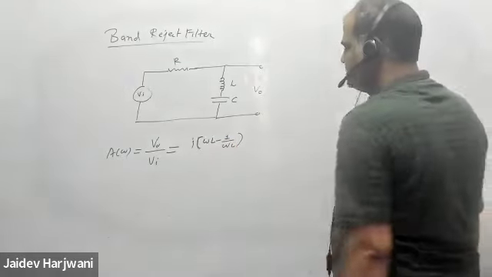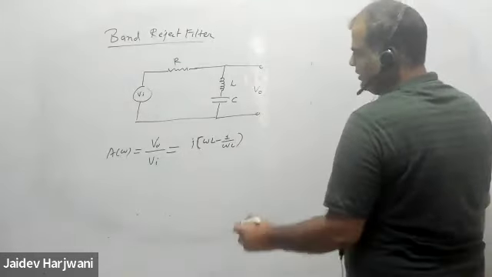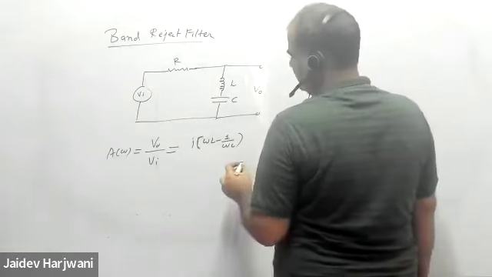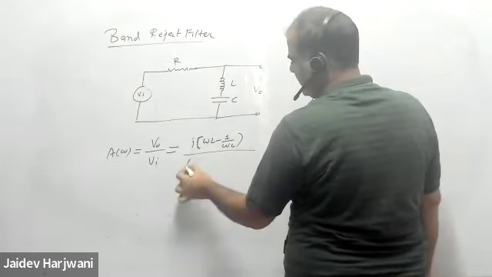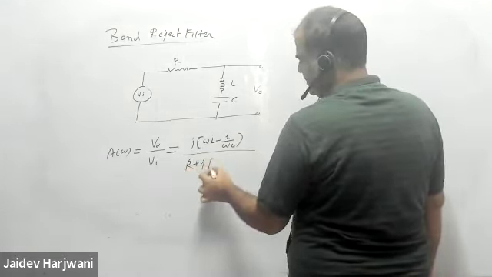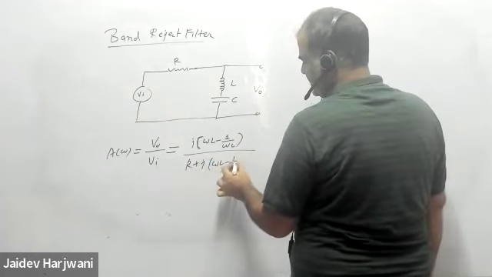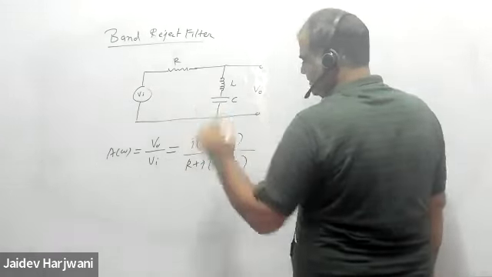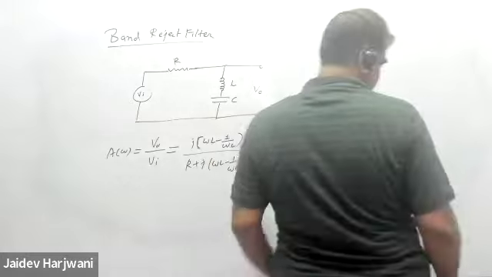So I'm taking j common. So this will be omega L minus 1 by omega C, and total will be what? Total will be R plus j omega L minus 1 upon omega C. This is your gain.